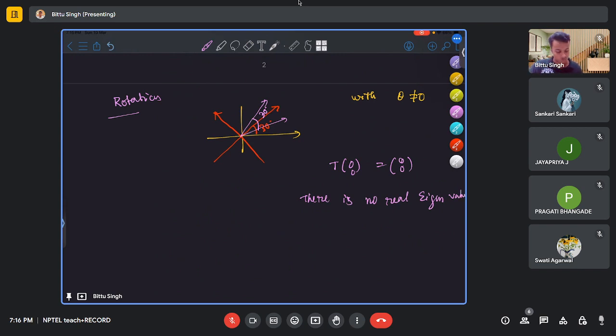And if we are considering the field R, then there is no eigenvector also, because any vector in the plane will be shifted. So there is no vector which is stretched by the transformation, so there is no eigenvector.